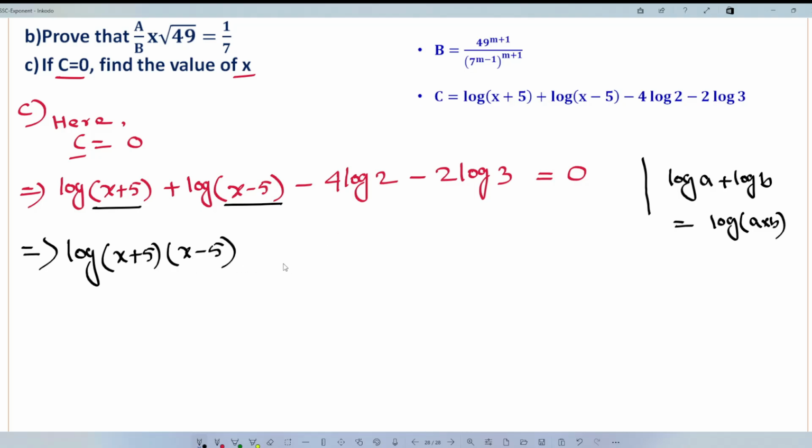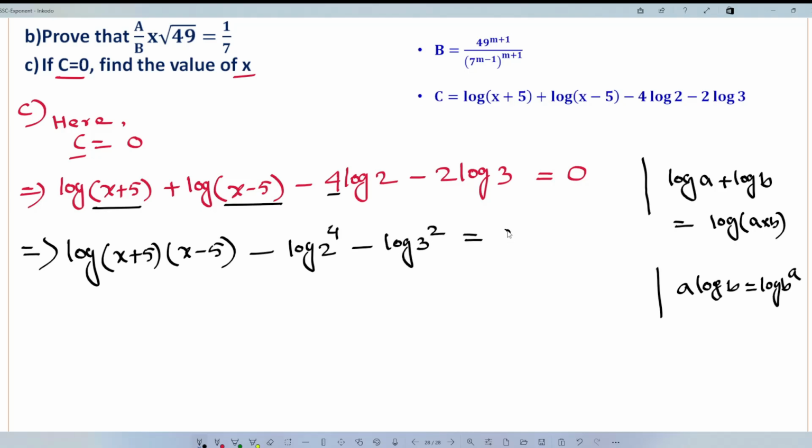Okay, now minus, we also know a log b can be written as log b to the power a. So similarly, log 2 and this 4 will become the power. Here is also the same thing, log 3 with power 2, equals 0, right?